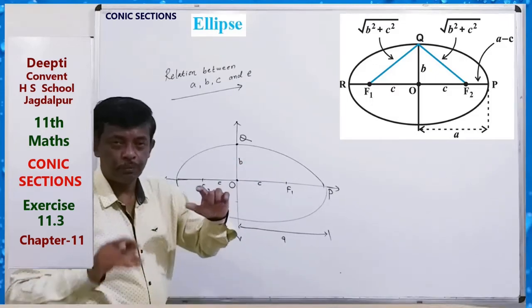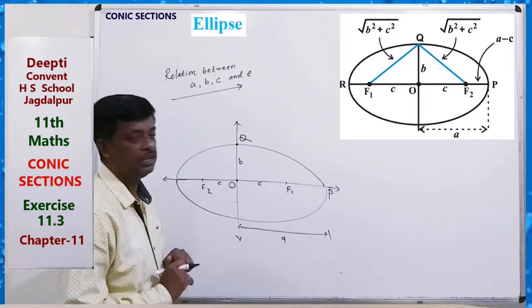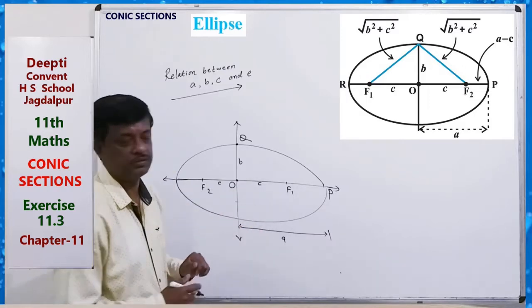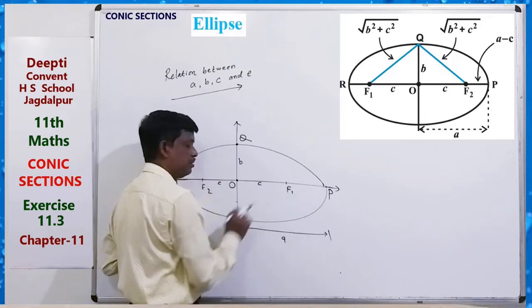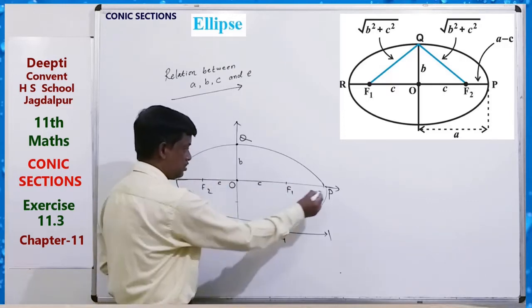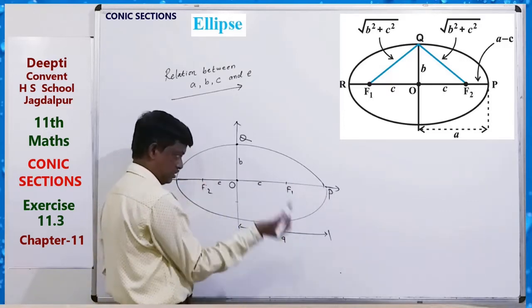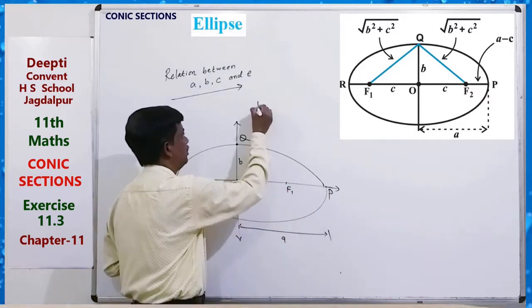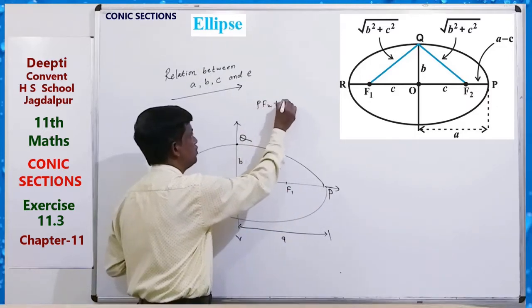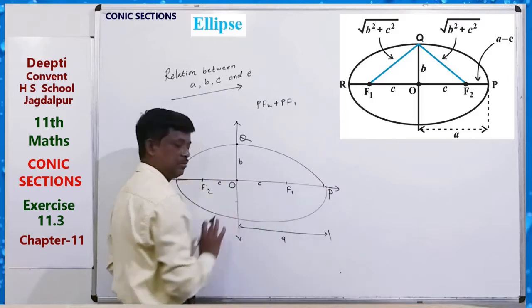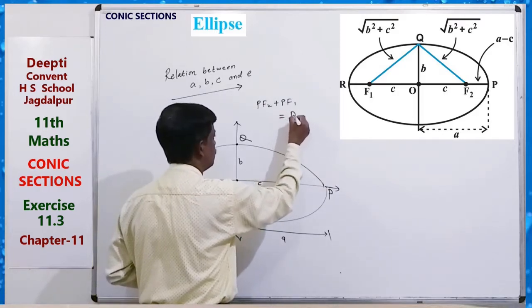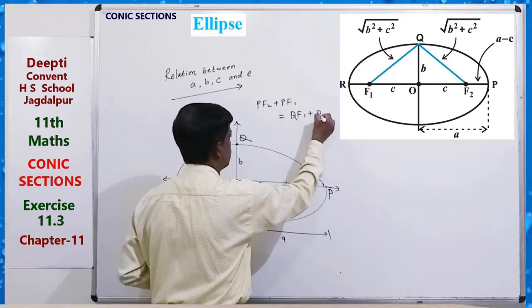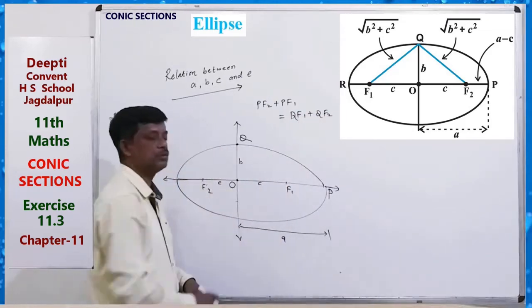Now P and Q are points on the ellipse. So the sum of the distances of the point from the two foci, that means PF2 plus PF1, will be equal to QF1 plus QF2, because P and Q are points on the ellipse.